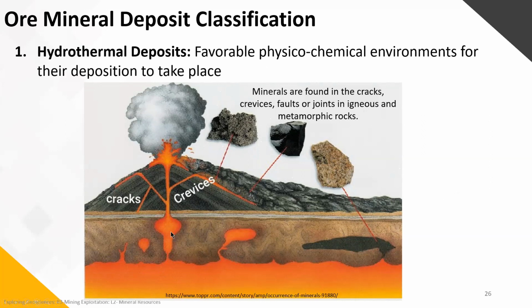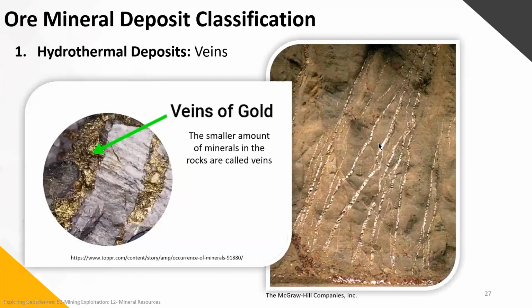Even if we have the pathways, we need to be within the right physical chemical environment for our trapping to take the precipitation of our minerals. Example here of hydrothermal veins, veins of gold.